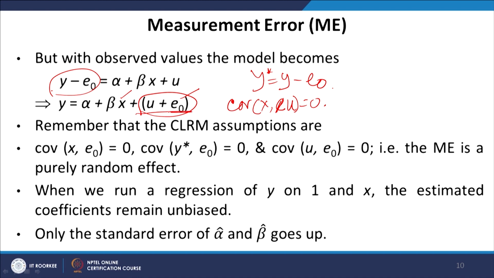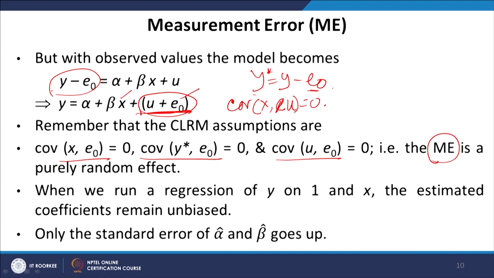Now, when we have an extended error term, additionally we must have the covariance between x and E naught equal to 0, the covariance between y star and E naught is 0, and the covariance between u and E naught is also 0, which implies that the measurement error in the dependent variable is purely a random factor or random effect.